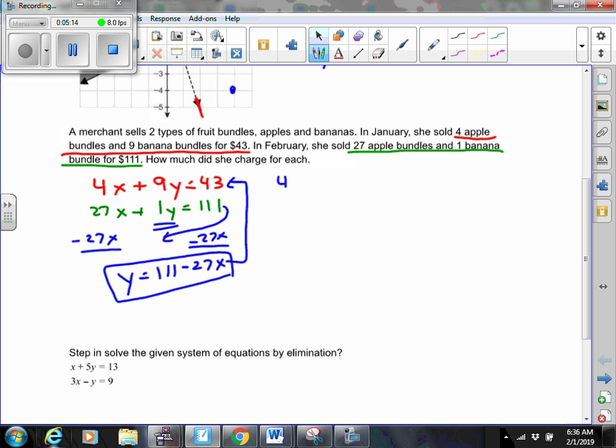So 4x plus 9 times y, which is 111 minus 27x, equals 43. Distribute. 4x plus 999 minus 9 times 27. Now you can do that in your calculator. I'm going to do it in my head. It's 81x equals 43. Add your like terms.